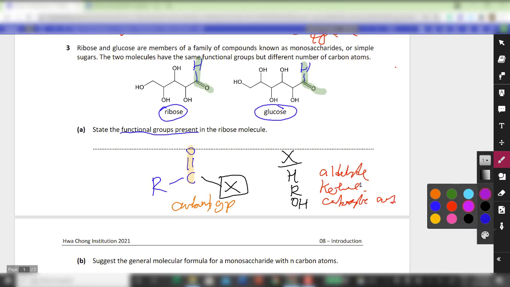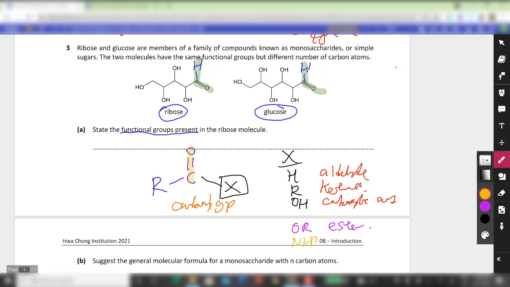Another thing you learn in secondary school is that X could be OR, and we'll call this compound an ester. If X is, let's say, NHR, we'll call this compound an amide. This should be quite familiar from secondary school, at least carboxylic acid, ester and amides. You would have learned ester and amide under the polymer chapter.